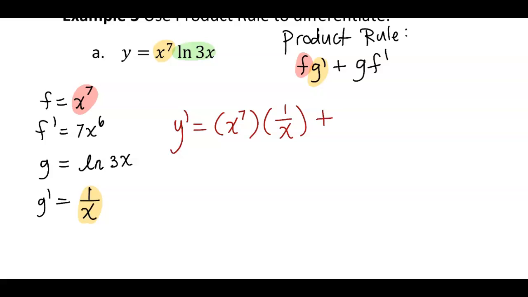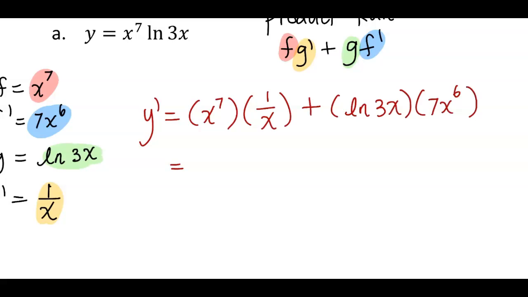Plus, what's next? Second times, which is natural log of 3x, getting multiplied by the derivative of the first, which is 7x to the 6th power. So we're all done. Now we're going to simplify this a little bit further.